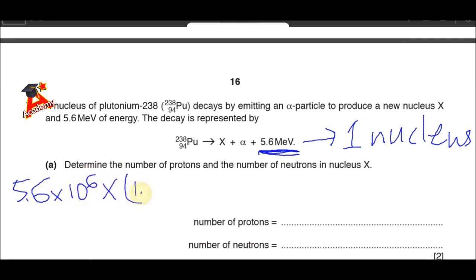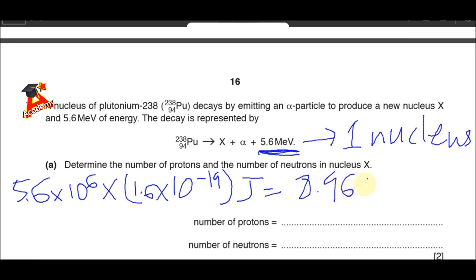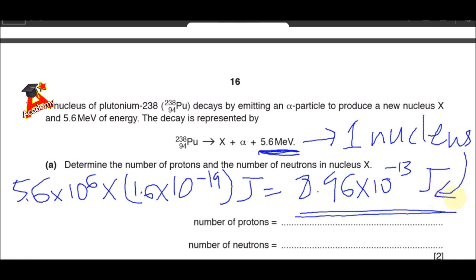Each electron volt is 1.6 by 10 to the minus 19 joules. If we do the math, we get 8.96 by 10 to the power minus 13 joules. But this is for one nucleus. So one nucleus is giving us this.